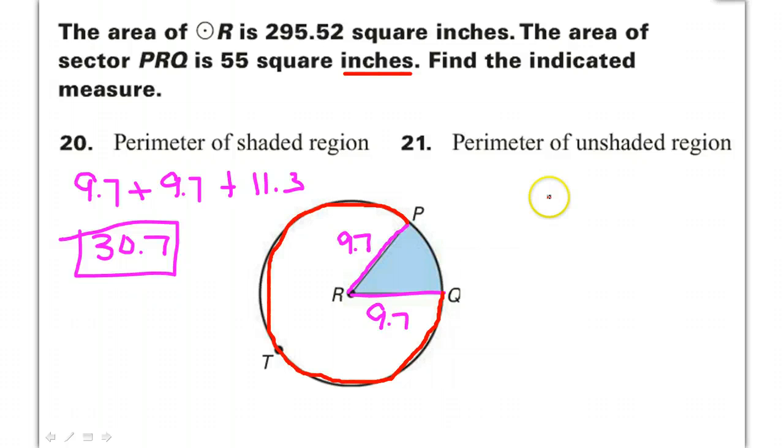So the key is somehow we have to find that red length. Okay? Now, when you said 360 at first, you were talking about the whole. You were doing degrees, but let me take that same concept. We will do the circumference. If we do the circumference, that would be the entire length, okay?